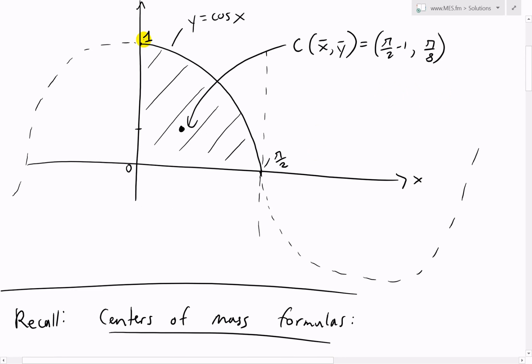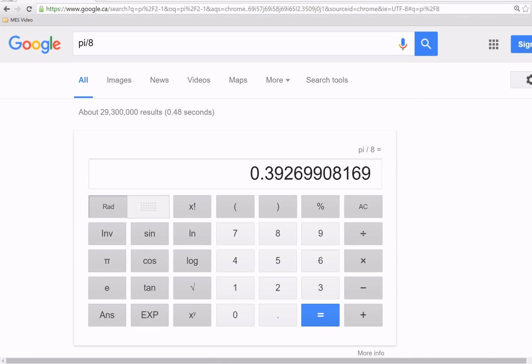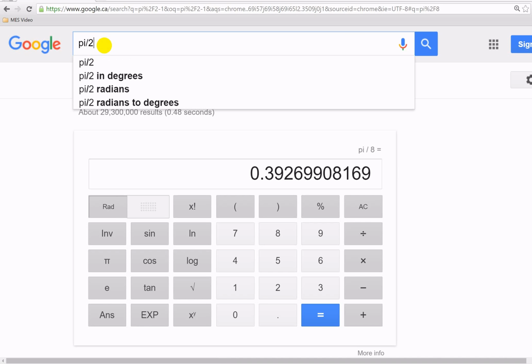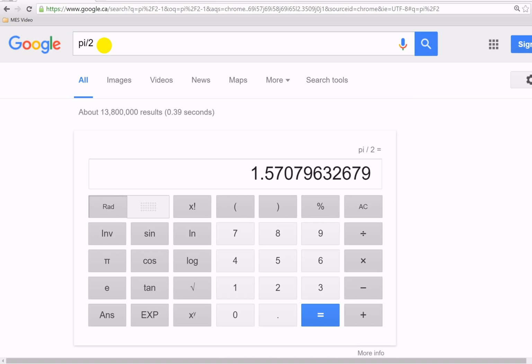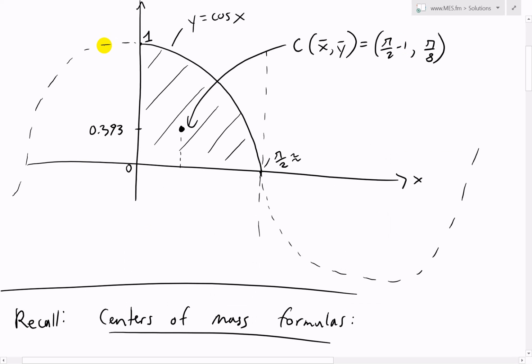This is about just over a third, it would be right here, which is 0.393 in the y direction, and then here this should be over there because pi over 2 is roughly equal to 1.571.